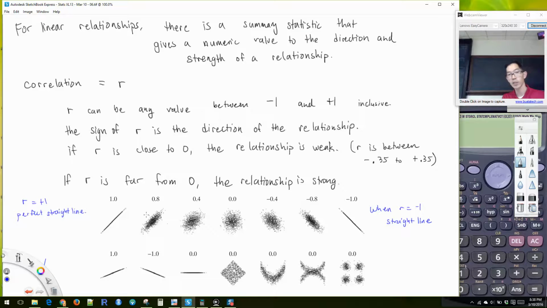So we have this spectrum going from positive 1 to negative 1.